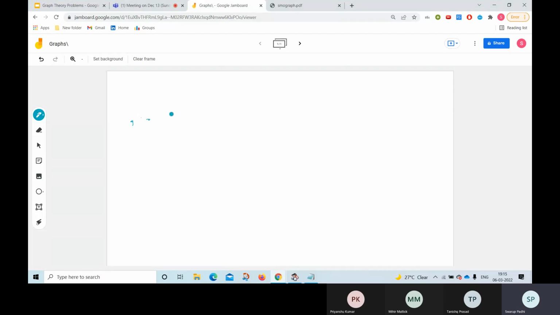Let's assume we have got some four participants. Let's say that these are four participants and there exists at least one participant who knows the other three. That means there is one participant which has edges. So consider an edge between two participants as a connection between them.